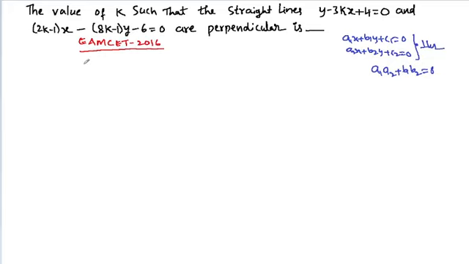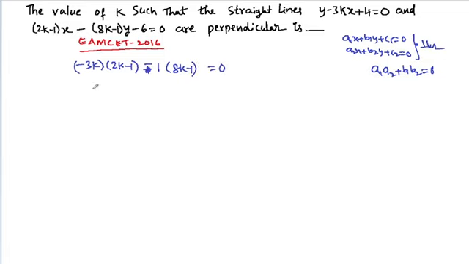Applying this formula, a1 is minus 3k into a2, that is 2k minus 1, plus b1, that is y coefficient 1, into y coefficient, that is minus of (8k minus 1). This is plus into minus, minus, is equal to 0.